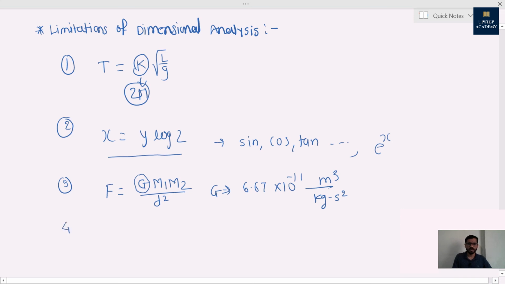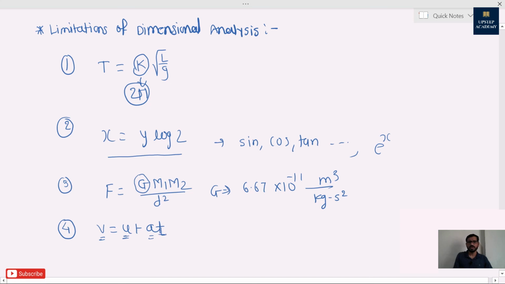Let me tell you fourth limitation of dimensional analysis. For knowing fourth limitation of dimensional analysis, let's take one example. v is equal to u plus at. This is the first law of motion. For an example we have taken over here, v is the final velocity, u is the initial velocity, a is the acceleration, and this t is the time.